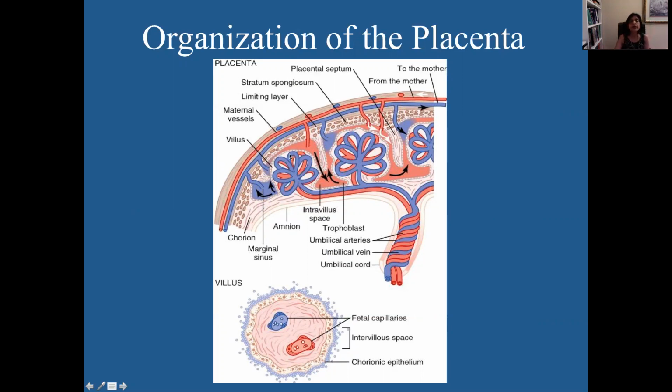And then let's talk about the vessel here. This is where you're looking at these blue vessels, taking blood back to the mother. From the mother is this one. Blood supply to the area, and then returning blood back to the mother is all shown in blue.